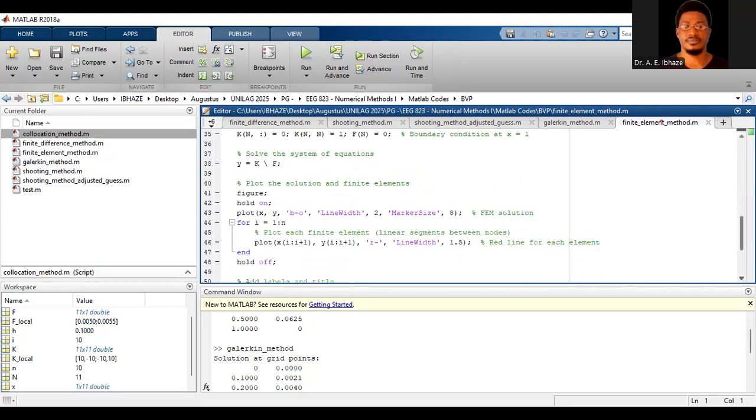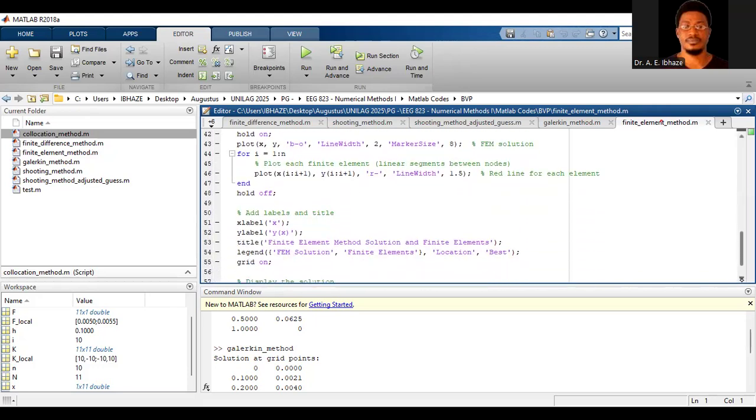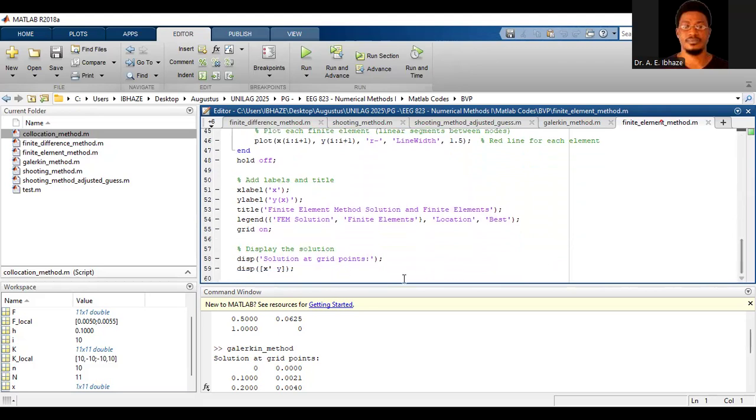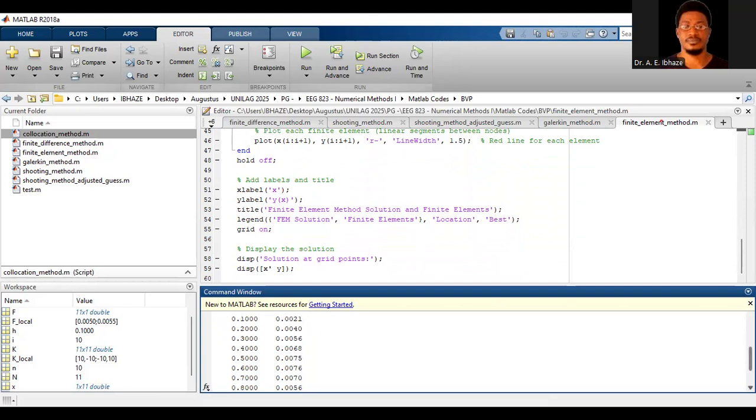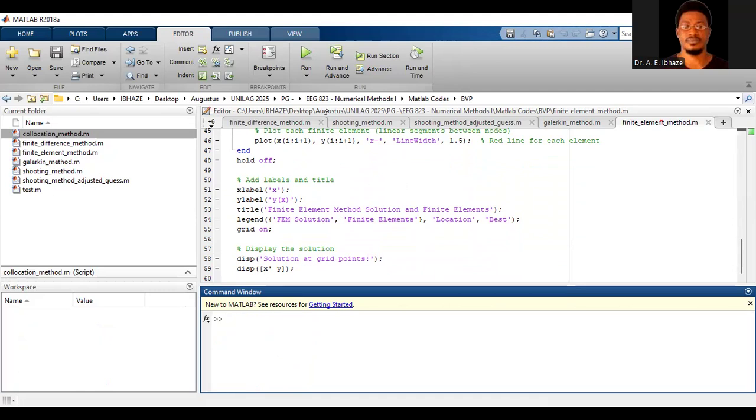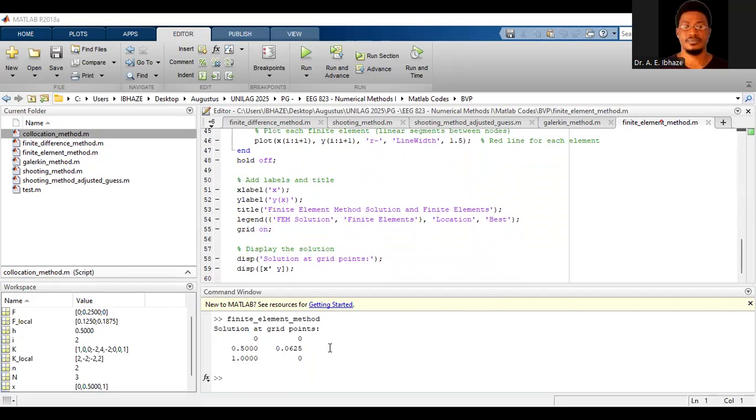Then we plot the graph and display the solution. So you see that we actually achieve the same as the exact solution at 0.5.